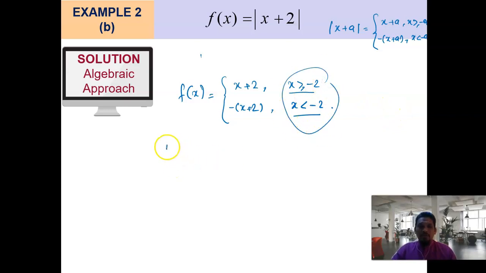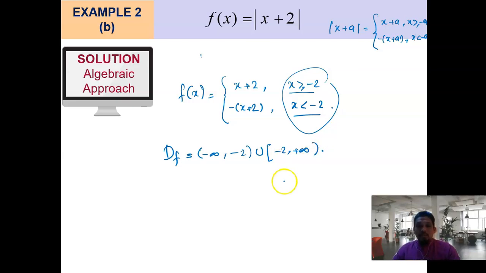So then the domain of this function, look at this and look at this, automatically these are the domain of the function. So the domain of f equals, first, less than negative 2, which is negative infinity until negative 2, union, this one greater than or equal to negative 2 to positive infinity.